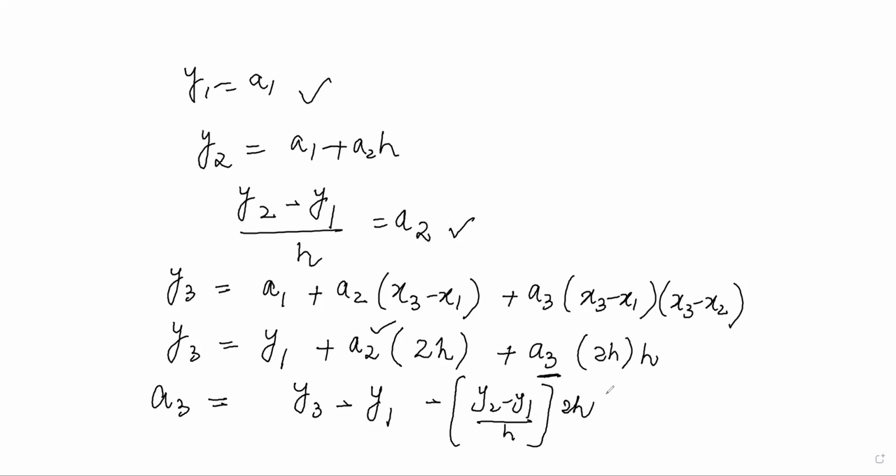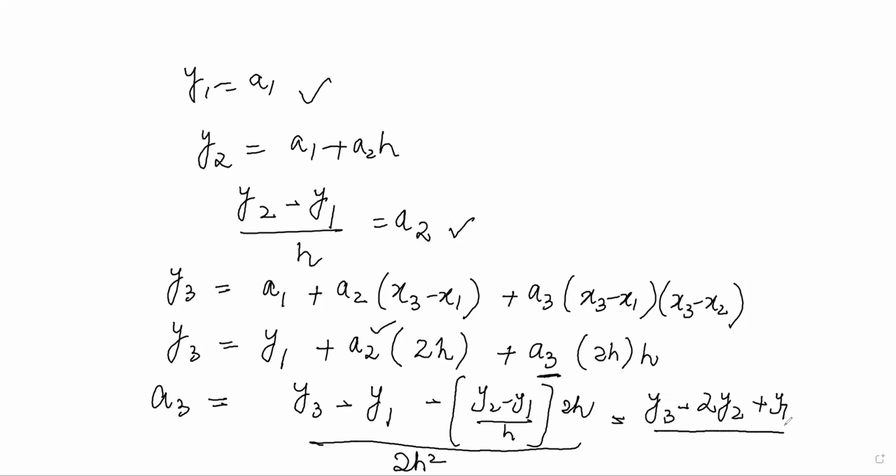Okay, whole divided by 2h square. So if we went on to solve this, it will be y3 minus 2 times y2 plus y1, divided by 2h square.